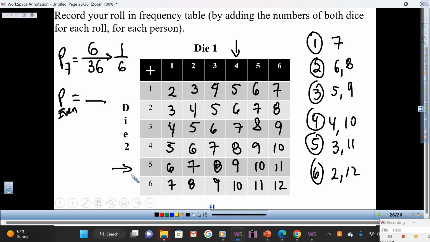So an even, Maddie, the probability of getting an even.